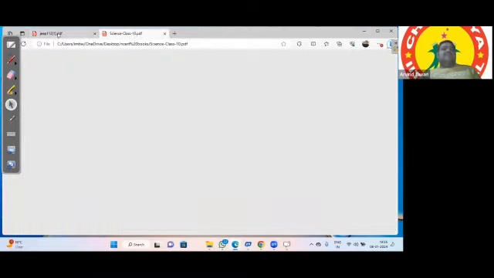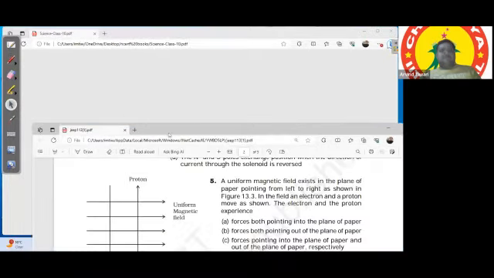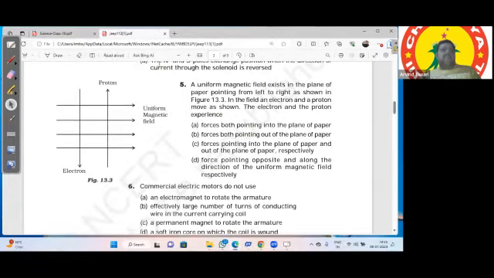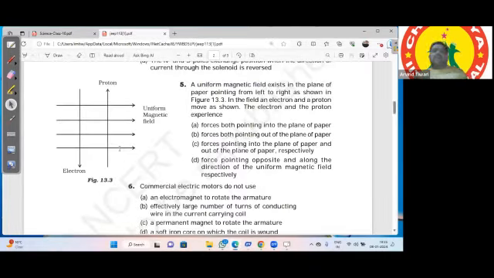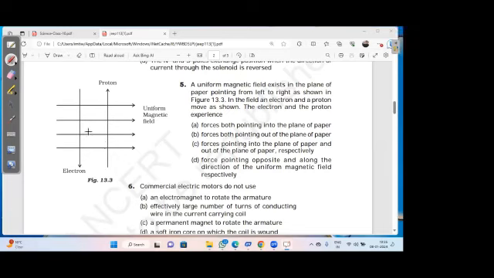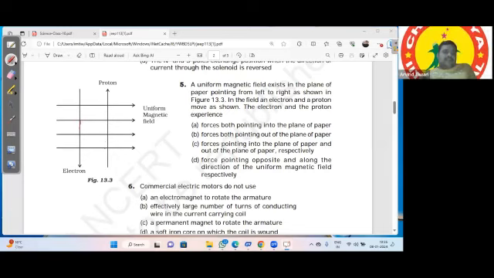Okay, let's understand what it tells. See, the electrons are moving from top to bottom like this.